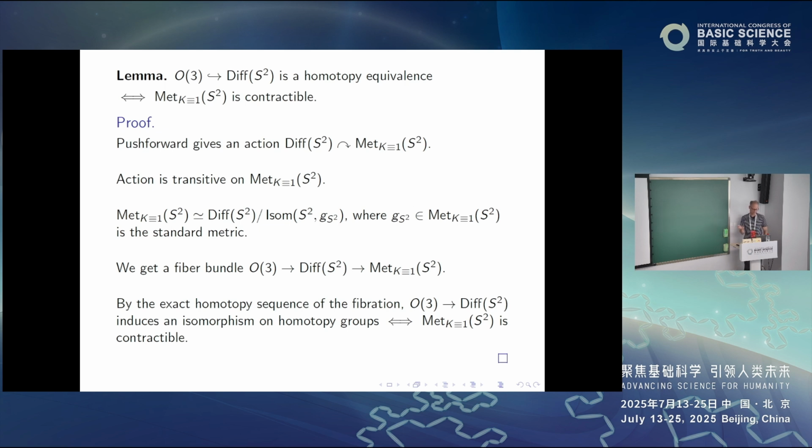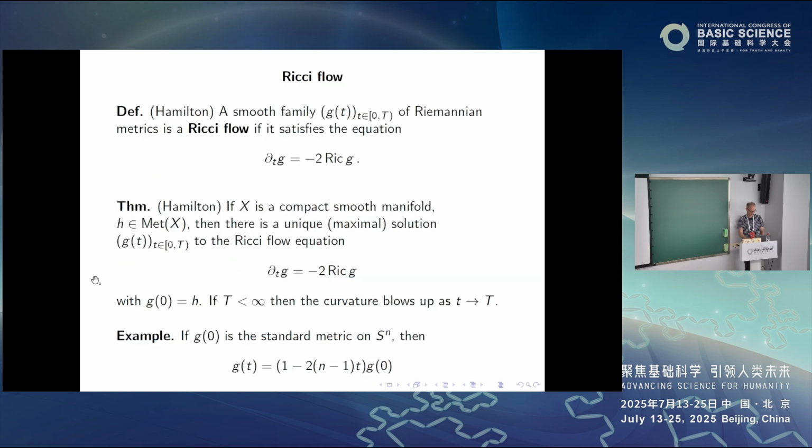we promote this to a fiber bundle. Okay, so there's a little bit of fine print here. Of course, the diffeomorphism group is some kind of infinite dimensional Fréchet manifold. If you had a corresponding statement where the group acting were some finite dimensional Lie group, then this would be an exercise in differential manifolds. Okay, but this requires a little bit of work, but it's standard since the 1960s.